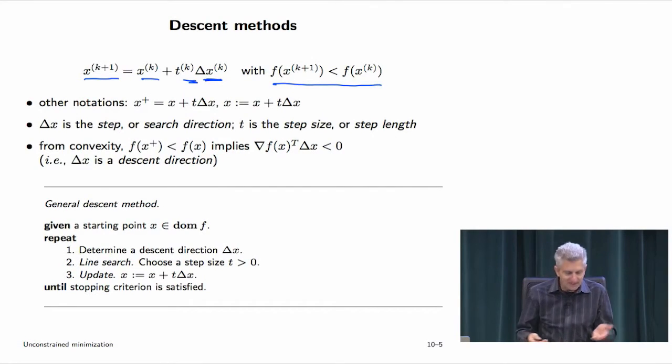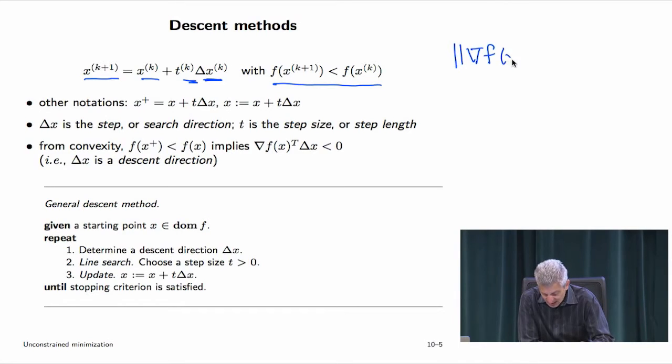Now, by the way, you might think that it has to be this way, but that's not true. There are many names for the function that goes down, for a function that decreases during an algorithm. Actually, for all algorithms, usually there's something like this, and it doesn't have to be f. Another function that could go down that's used all the time is something like the norm of the gradient. And that would do the trick too, right?